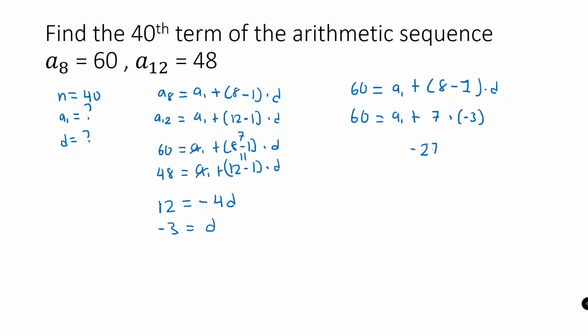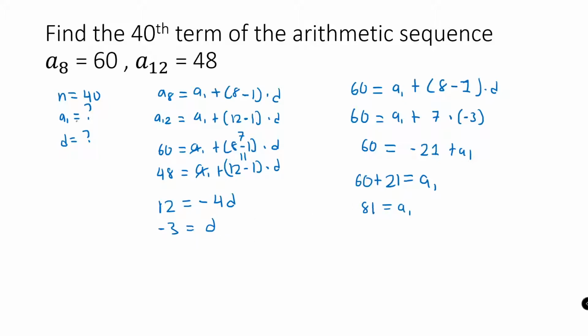Oh no, sorry, this would be negative 21. Negative 21 plus A1 equal to 60. And then we'll move 21 to the other side, which will be 60 plus 21 is equal to A1, so A1 will be equal to 81.